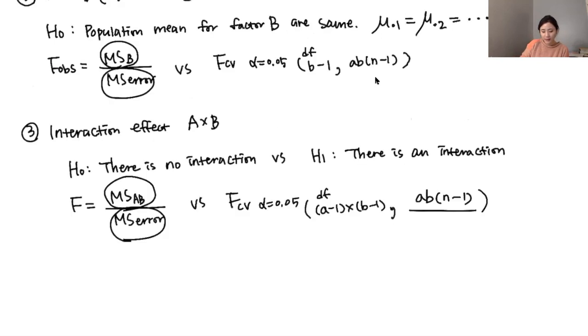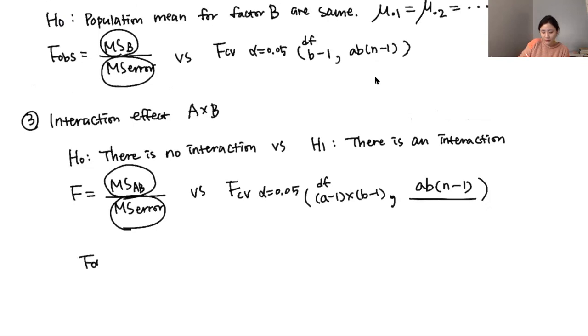In all cases, we compare the F observed value to the F critical value, which means that in the F graph, this is my critical value. After this line, this is the rejection area. If my observed value is located in this area, we need to reject the null hypothesis.